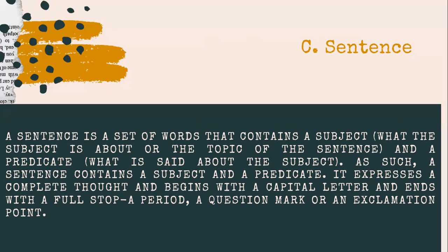And be reminded that it always begins with a capital letter and ends with a particular punctuation mark, like a period, question mark, or exclamation point. So let's see the examples.